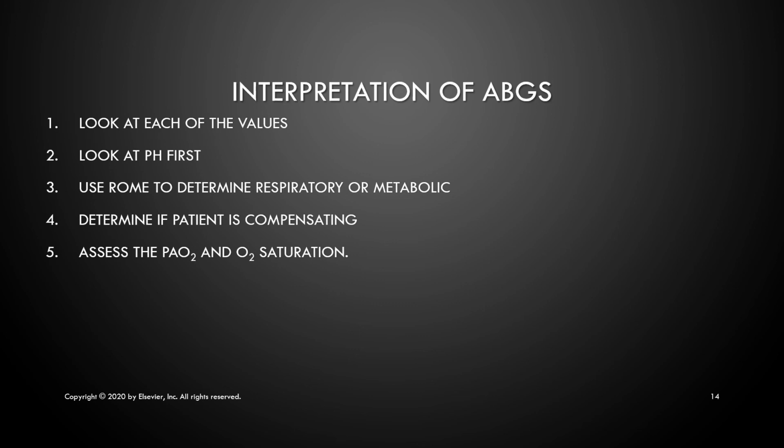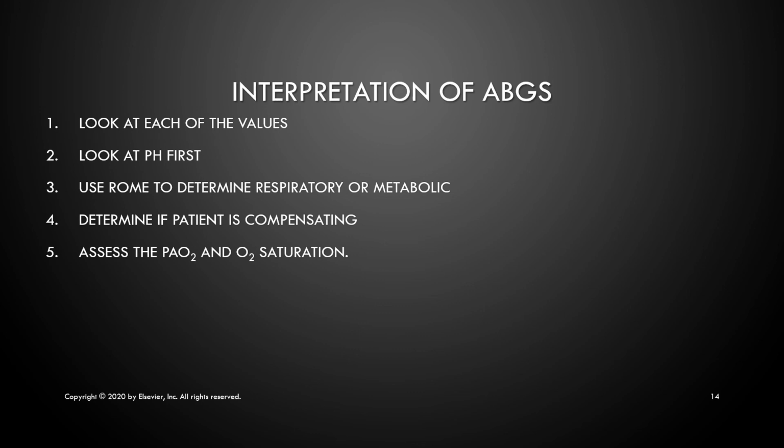If your pH is high or low and your bicarb is going in the same direction, pH is high, bicarb is high, pH is low, bicarb is low, then you know that it is a metabolic problem.